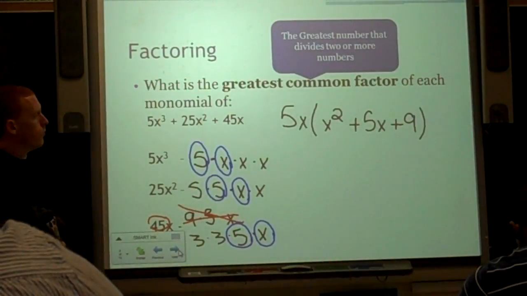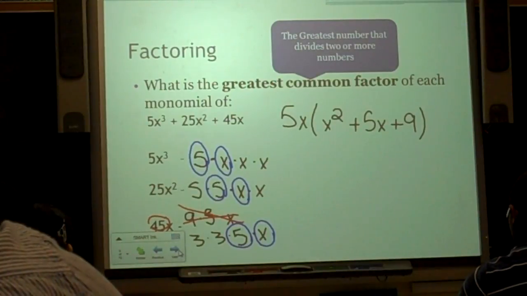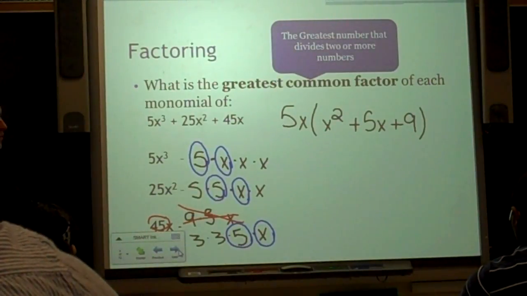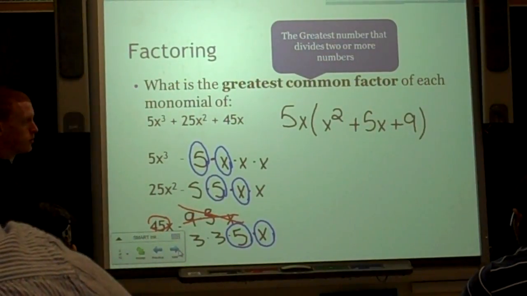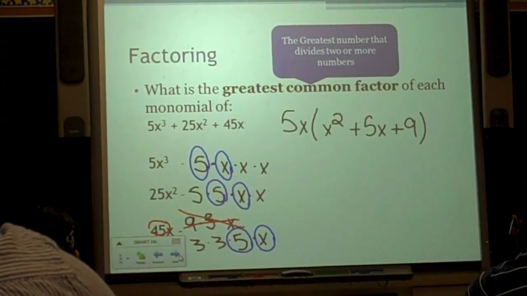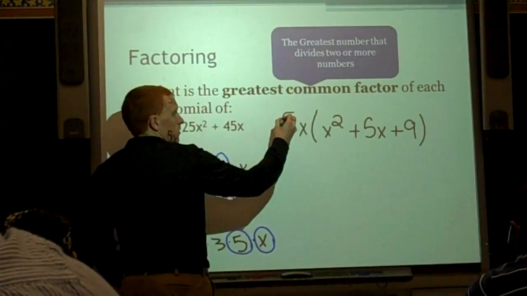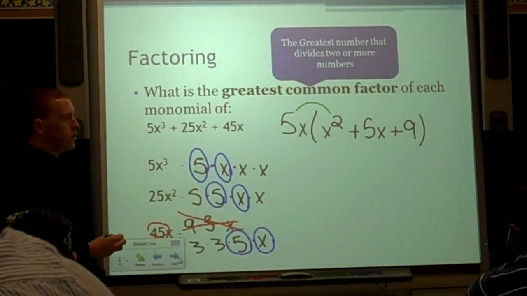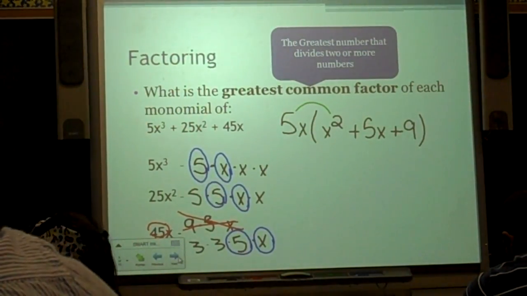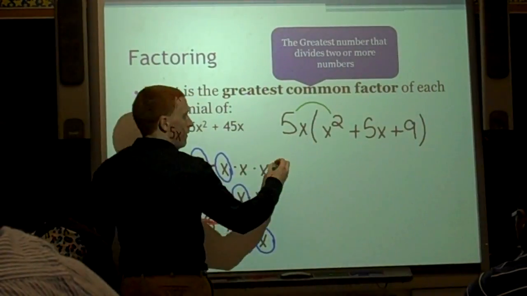So, when we distribute, where do I start? So I'm going to distribute with the 5x. Multiply those together, and I think you said it. 5x to the third.